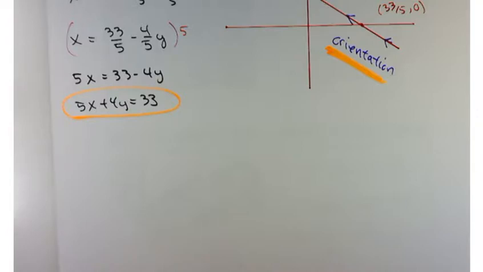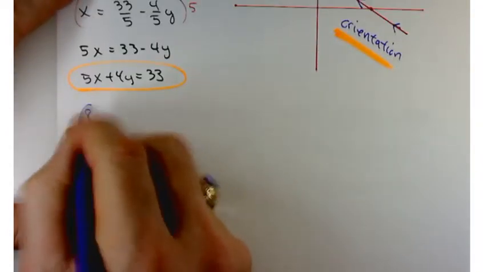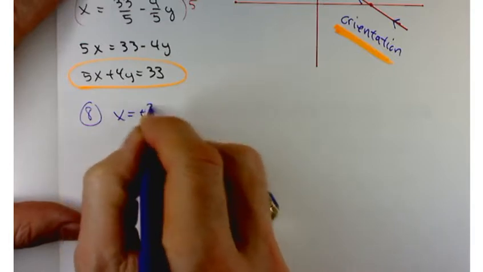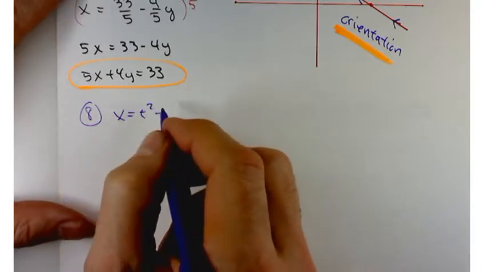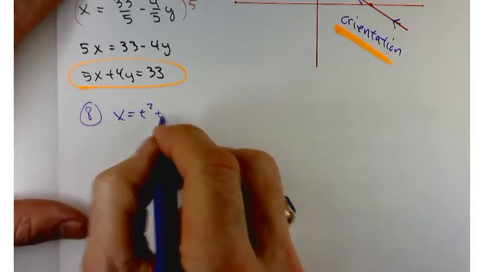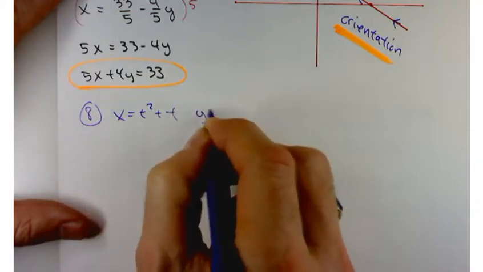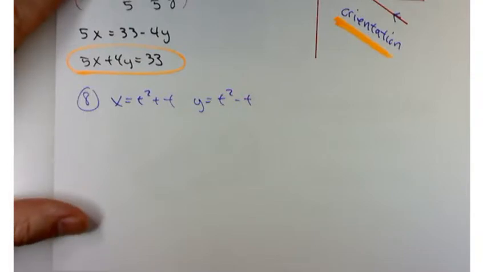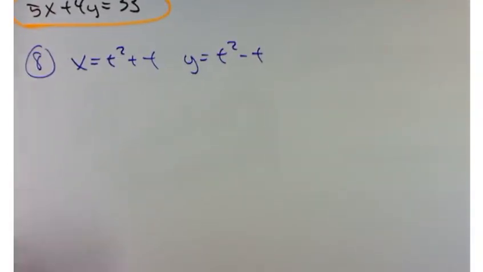Let's take a look at problem number 8. X equals t squared plus t. Y equals t squared minus t. We can graph this, take a quick look at things.